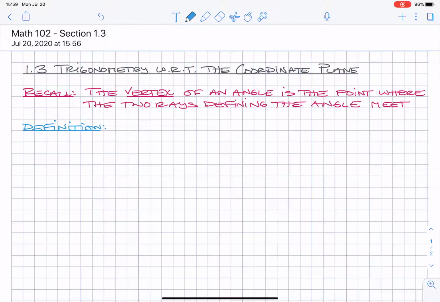Okay, so an angle is in standard position. That's what we're defining, standard position.